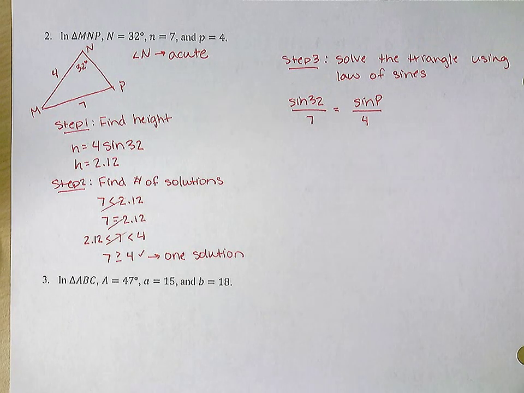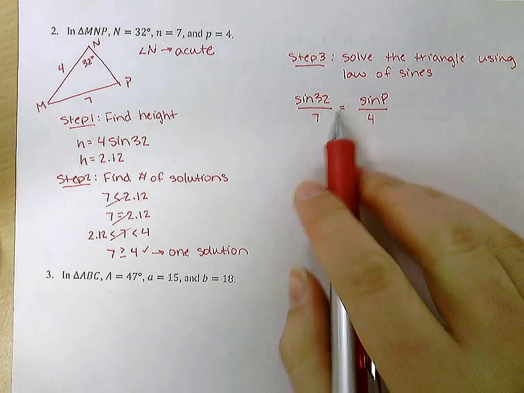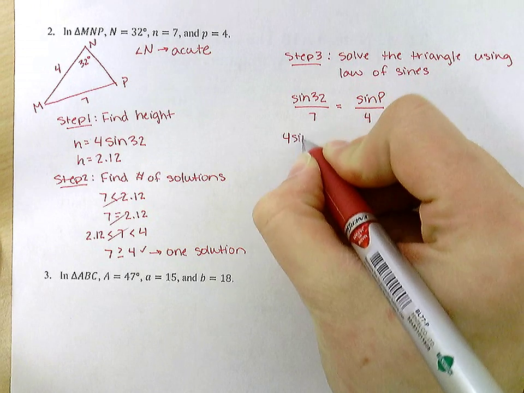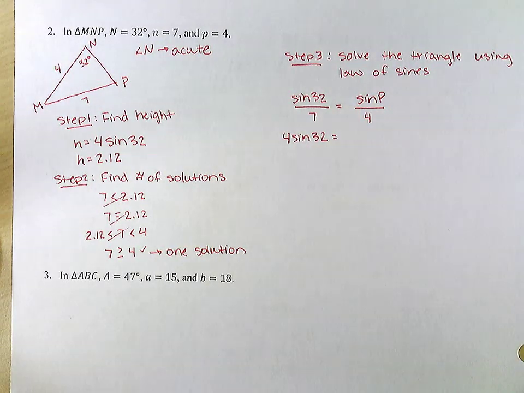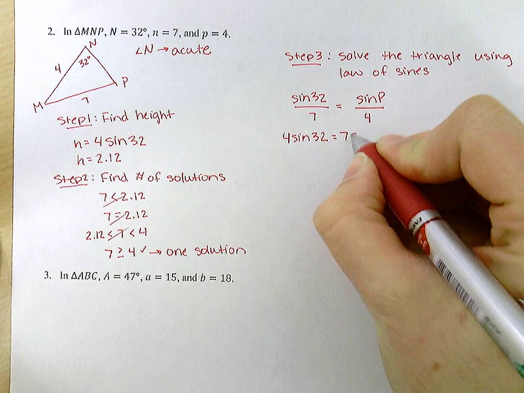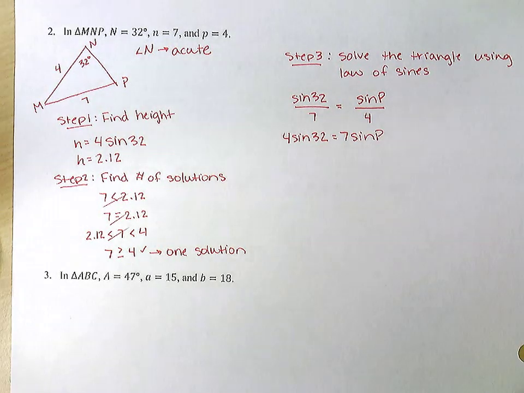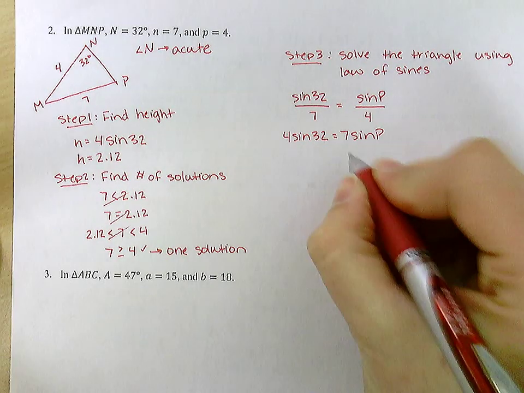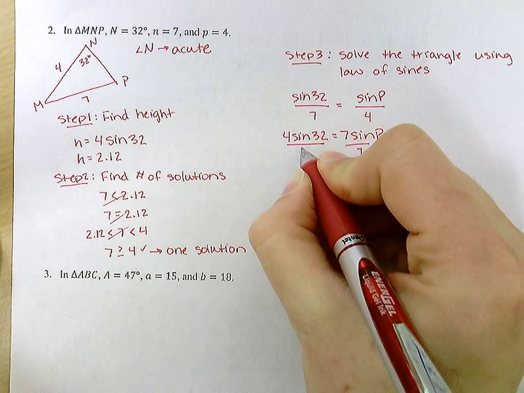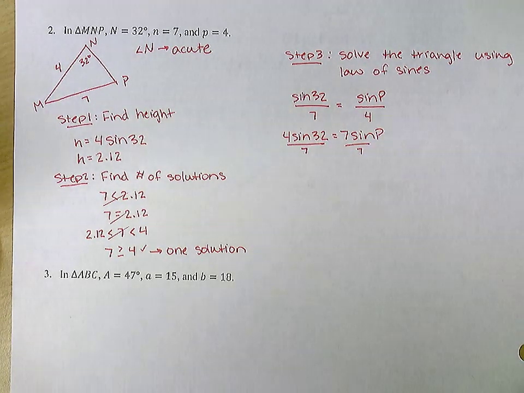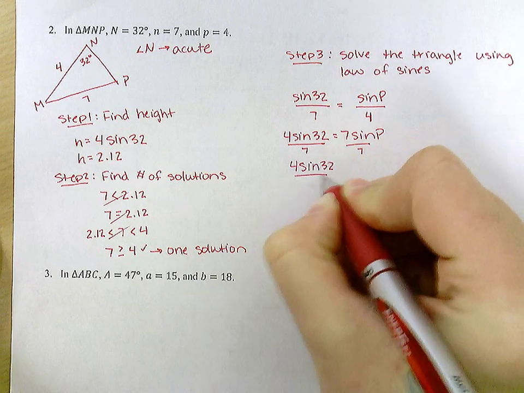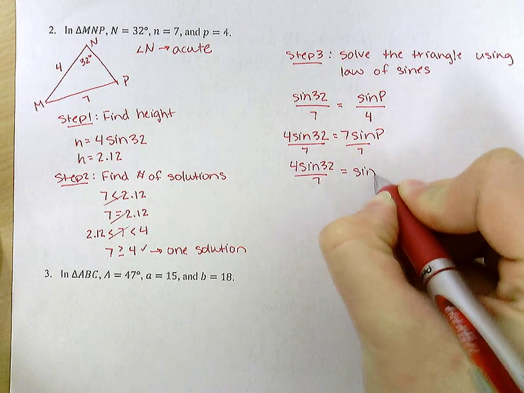And just like yesterday, we're going to cross multiply. Okay, so here if I cross multiply, I have 4 times the sine of 32 is equal to 7 times the sine of angle P. Now I want sine of P by itself. So I'm going to divide both sides by 7. So I have 4 times the sine of 32 over 7 equals the sine of angle P.